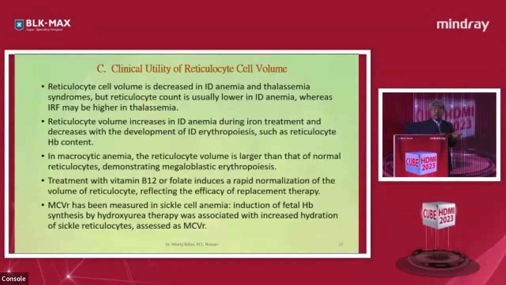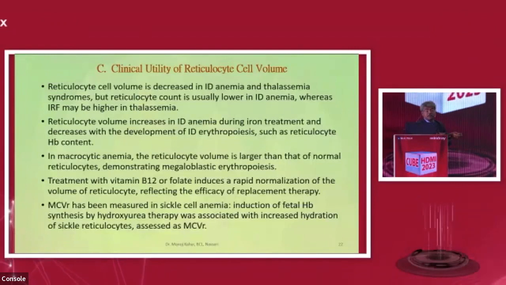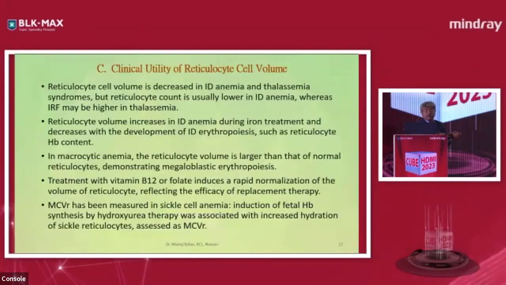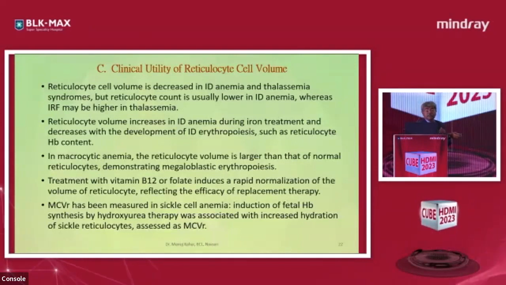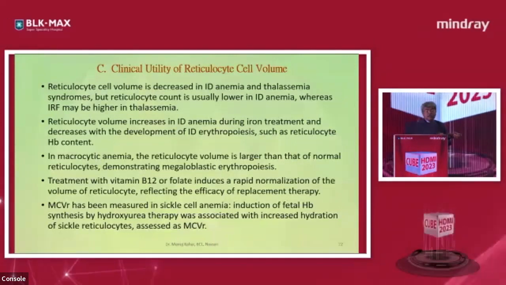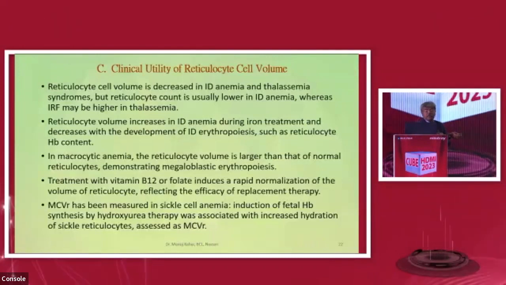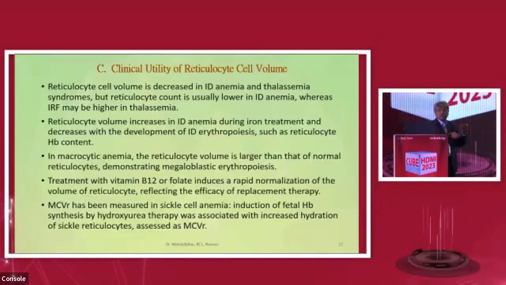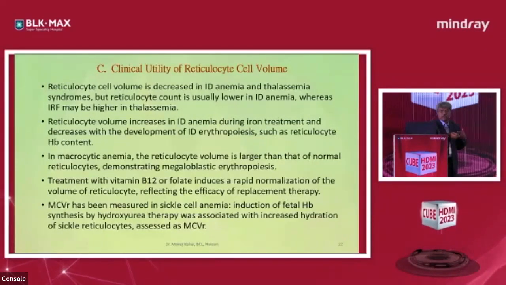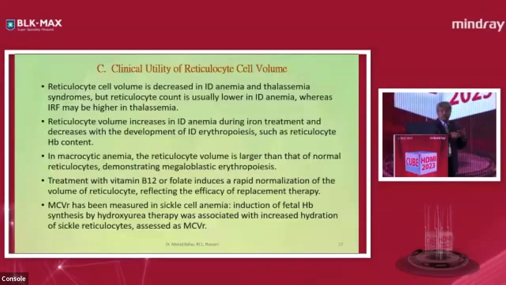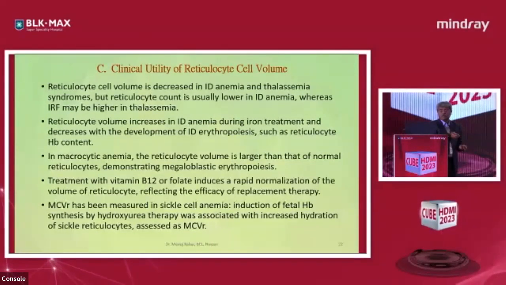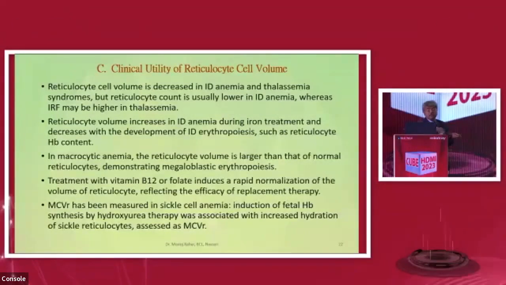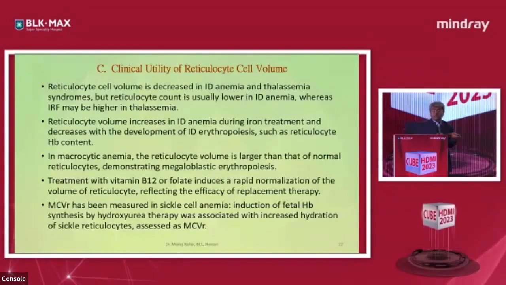In macrocytic anemia, the reticulocyte volume is larger than that of the normal reticulocytes, demonstrating megaloblastic erythropoiesis. And as we know, treatment with vitamin B12 or folate induces a rapid normalization of the volume of reticulocyte, reflecting the efficacy of replacement therapy. So when you are replacing the therapy, all these newer parameters will tell you earlier than the routine MCV or hemoglobin whether a patient is responding or not.